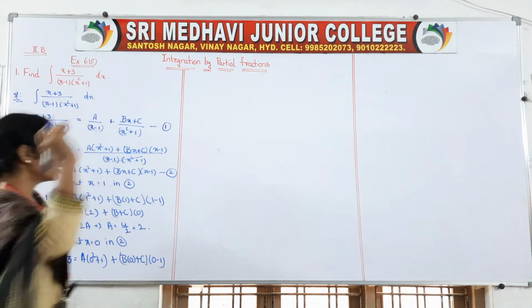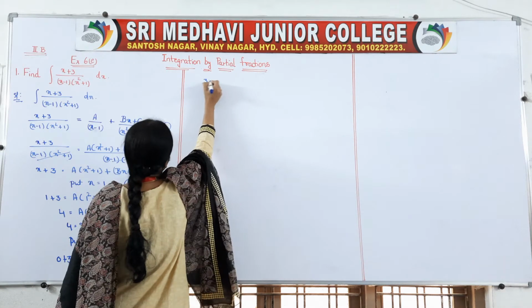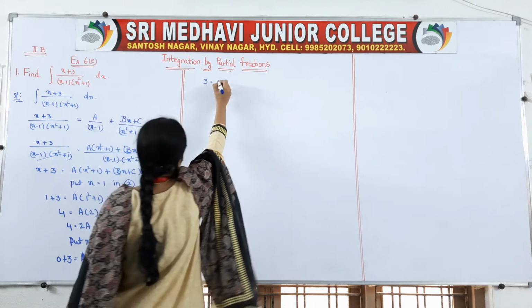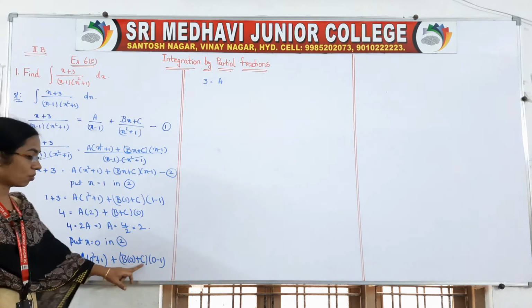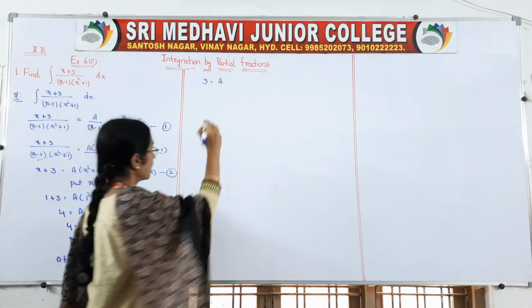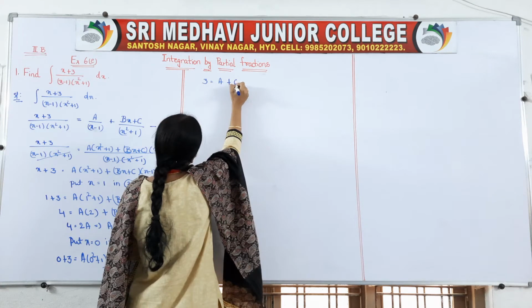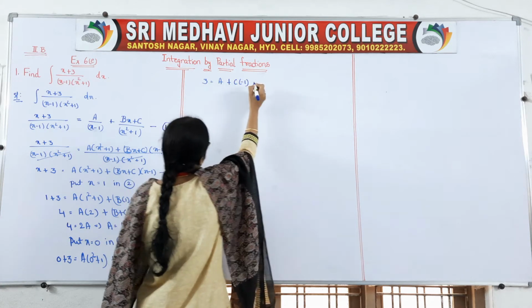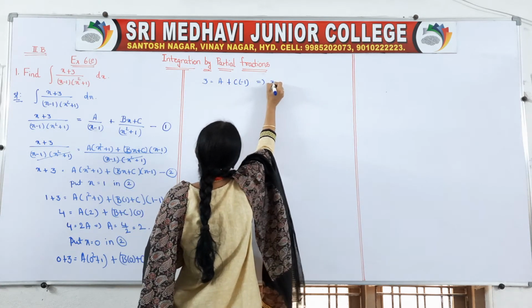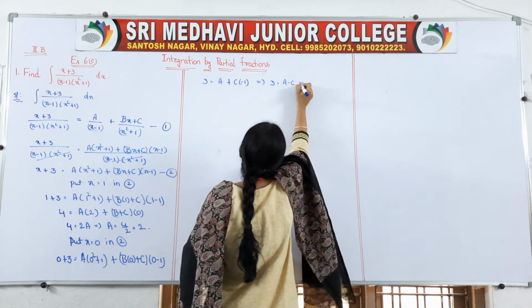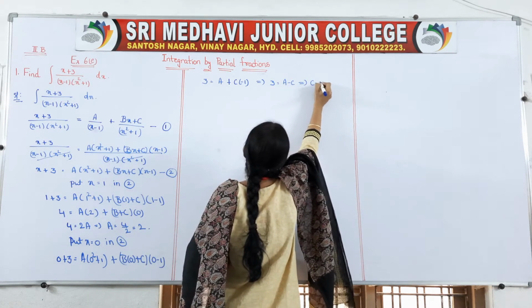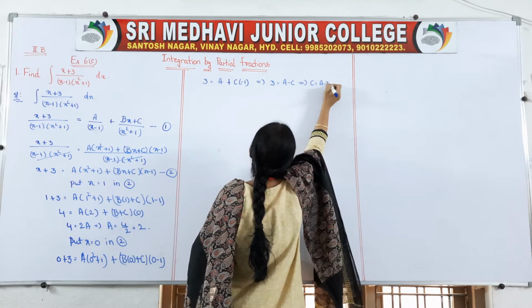Okay, so this is 3 is equal to a into 1, which is a, and 0 plus c, so it is c into minus 1. So it implies 3 is equal to a minus c, implies c is equal to a minus 3.